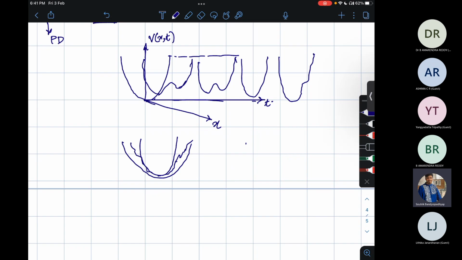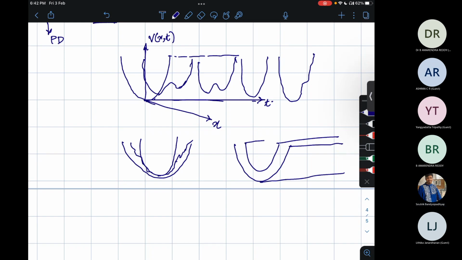If you have these two tubes and you extend them into time, the Lyapunov function would always lie in this region. Is this okay?